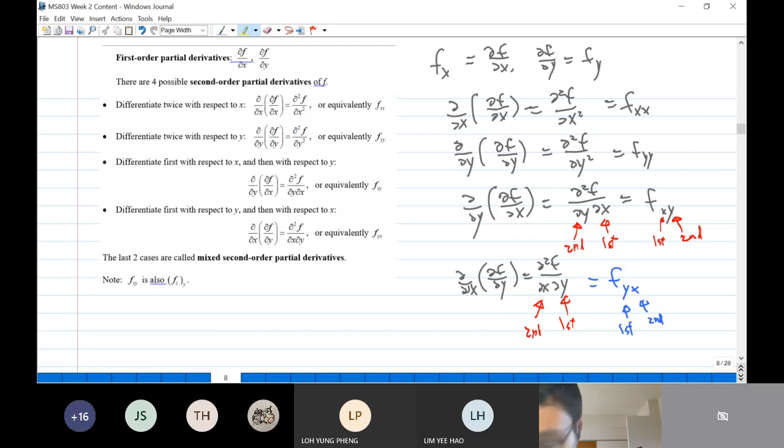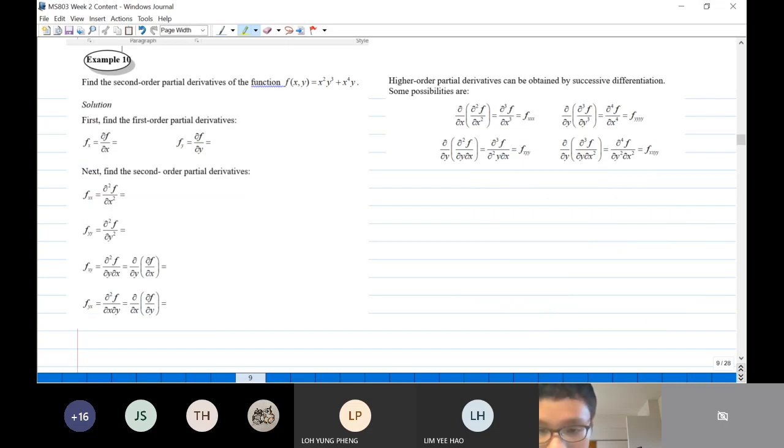So if this is the case, I look at example 10: how to find the second order partial differentiation. The function is x squared y cubed plus x to the 4 y.